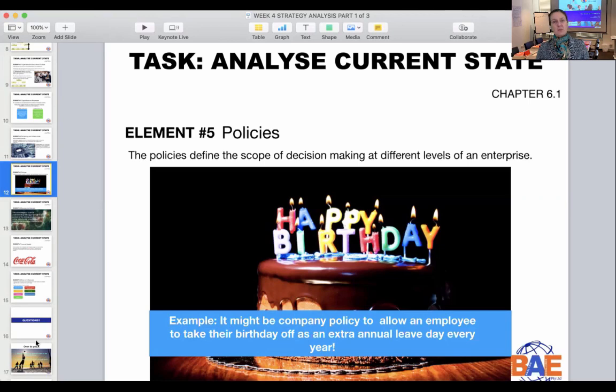So that's just one fun policy, but there may be other policies around working from home, or policies around how and when customers have to be refunded for certain products. So policies are basically those rules that you follow to help with decision making.